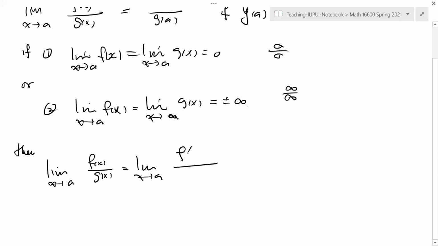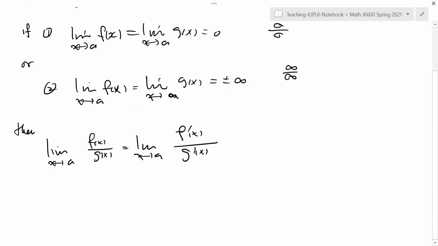You can differentiate the functions, okay, as long as the limit on the right-hand side exists.